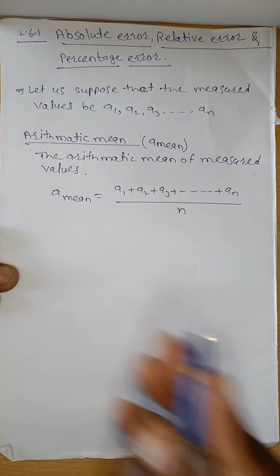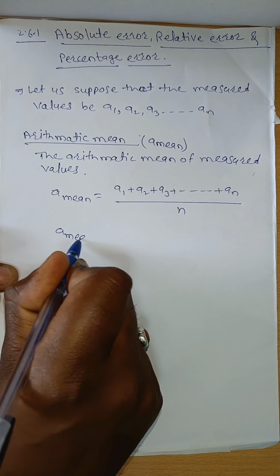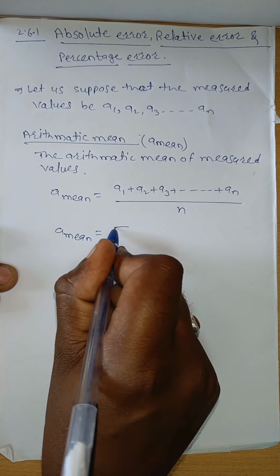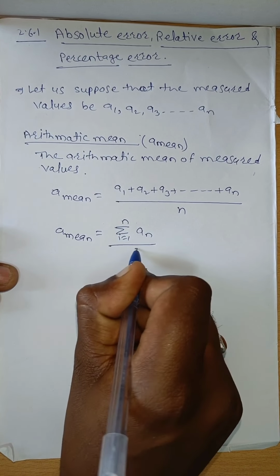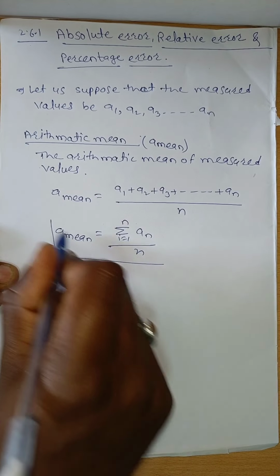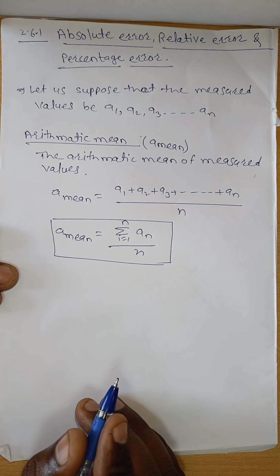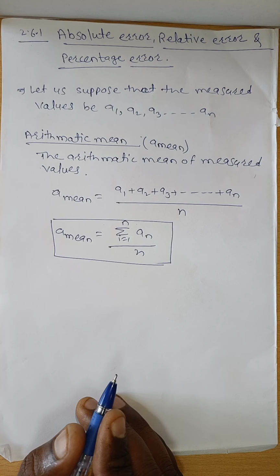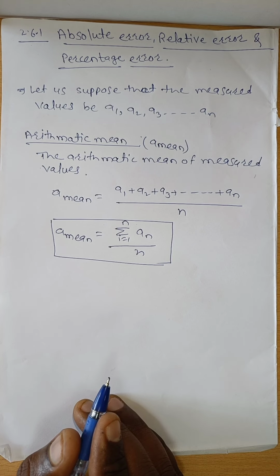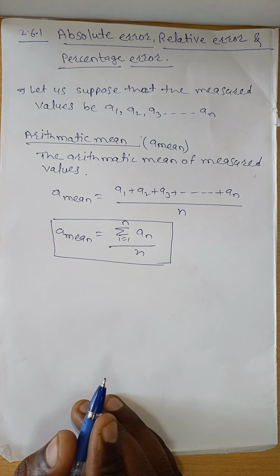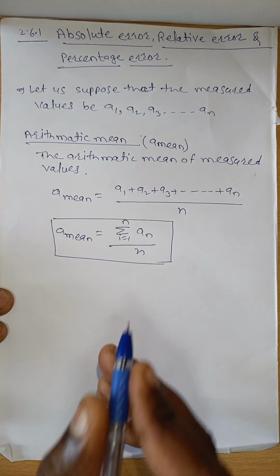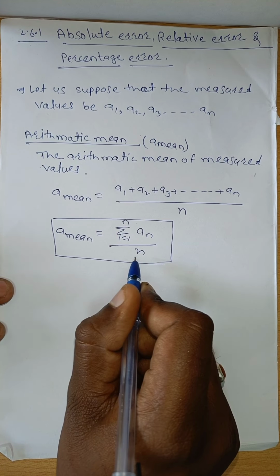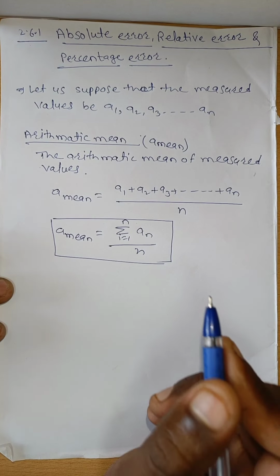Therefore the arithmetic mean, a mean, is equal to the summation over i from 1 to n of ai, divided by n. Arithmetic mean means the sum of the observations divided by the total number of observations.